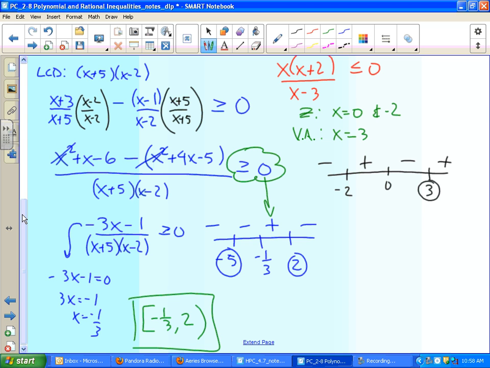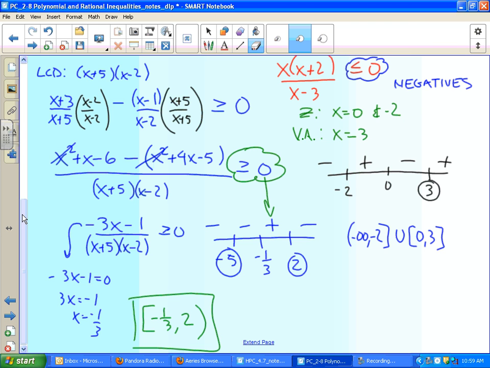So I'm looking for, in this case, negatives. So all my negatives would be from negative infinity to negative 2. Since negative 2 is a 0, it's included. Union with 0 to 3. Don't include the 3 because it's an asymptote. There's your solution.